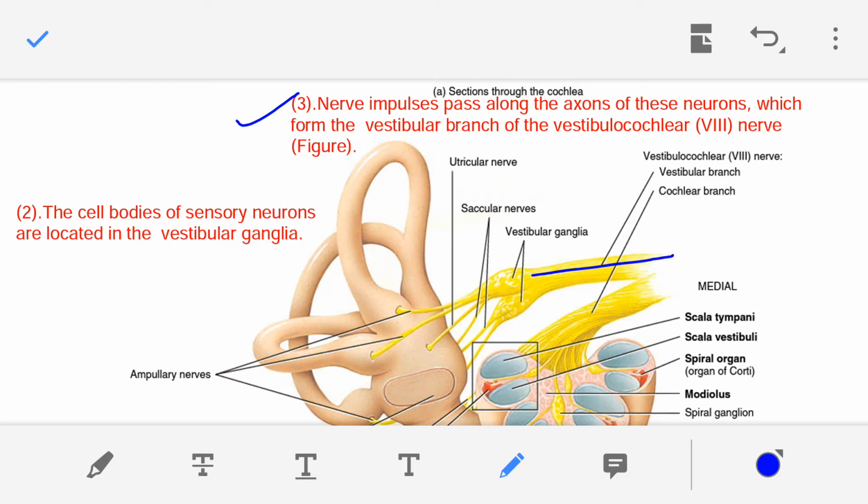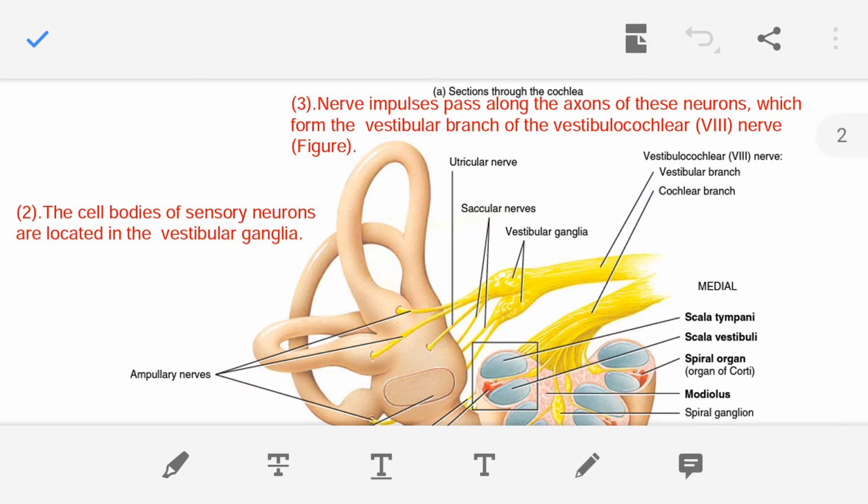These are all axons, and they are sending the nerve impulse to various brain centers. Together these axons have formed the vestibular branch of the vestibulocochlear nerve, and this nerve is sending the nerve impulse to the brain center. So this is the third point.